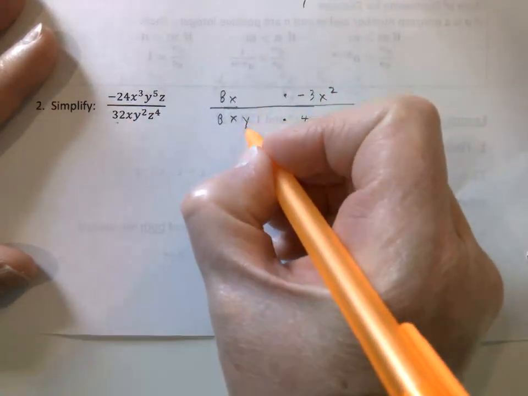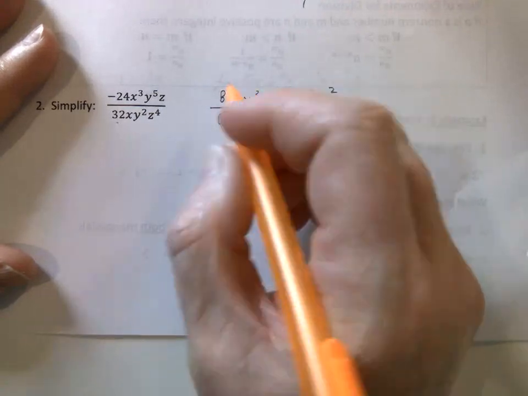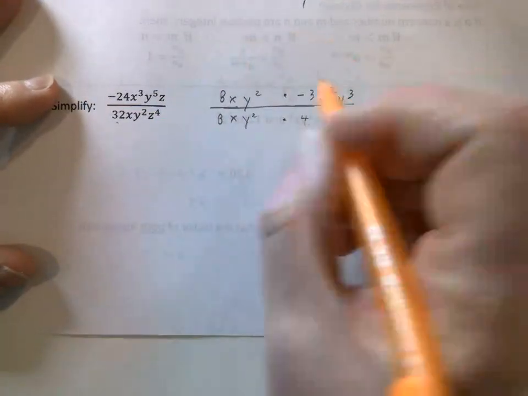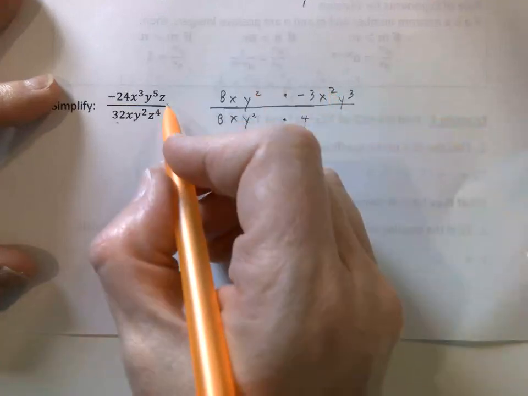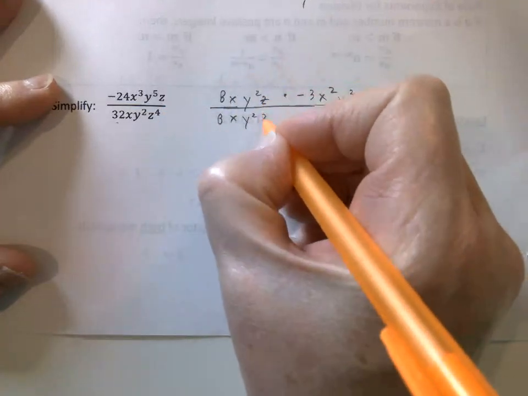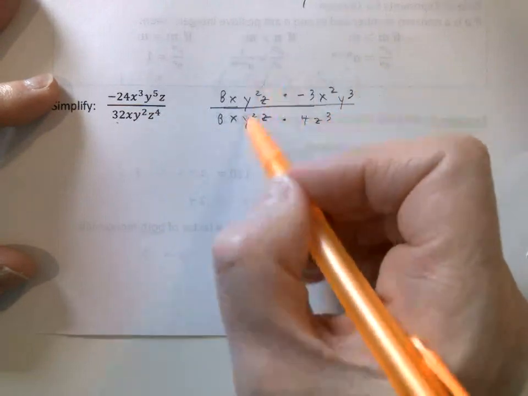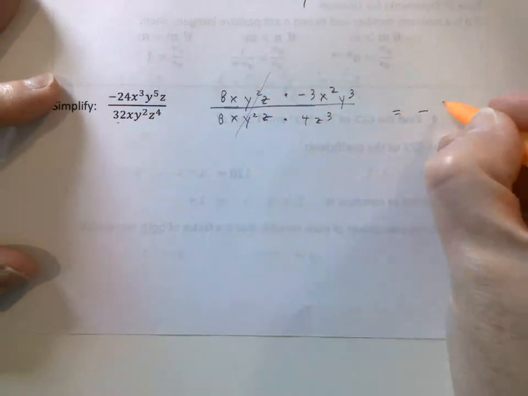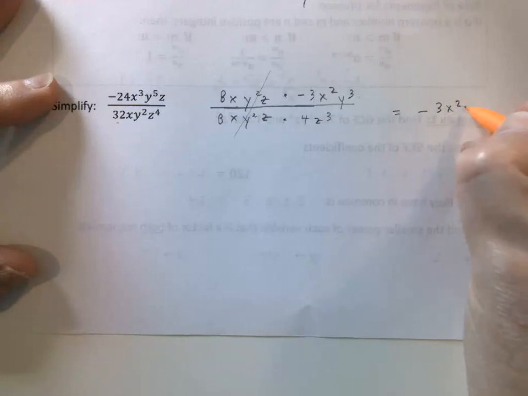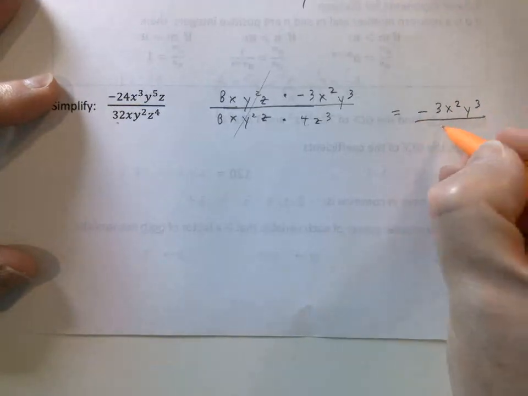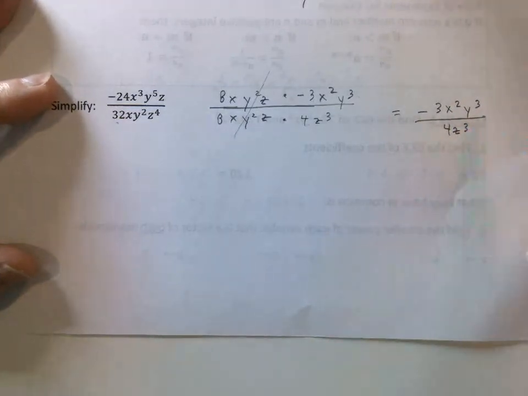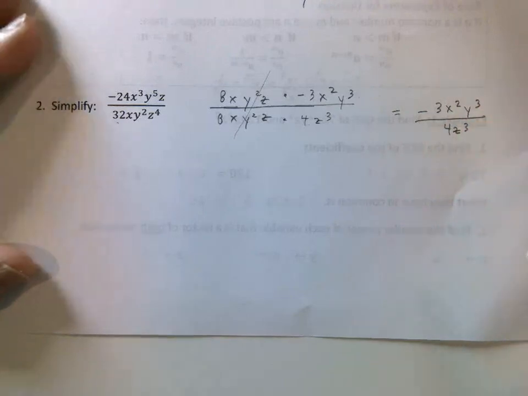They both have 2 y's in common, so that would leave me with y to the 3rd left over here and none left over here. And they each have a z in common, which leaves me with no z's here and 3 z's on the bottom. These cancel out, and I'm left with -3 x squared y to the third over 4z cubed. Notice there's nothing else I can cancel out there.